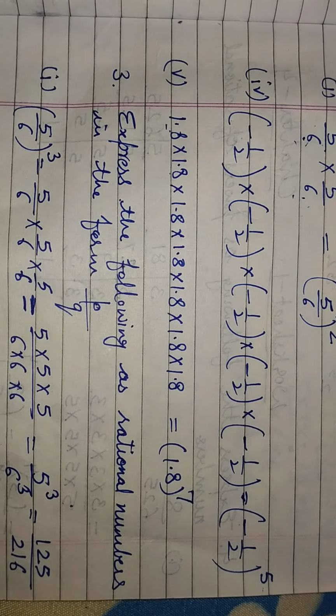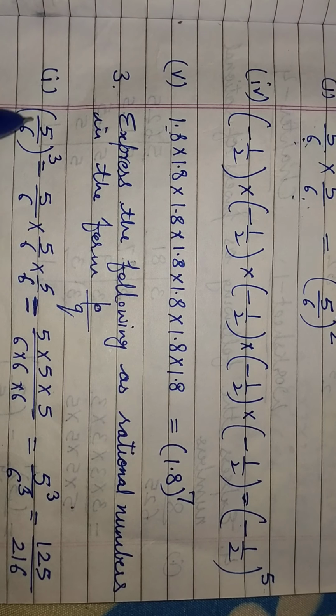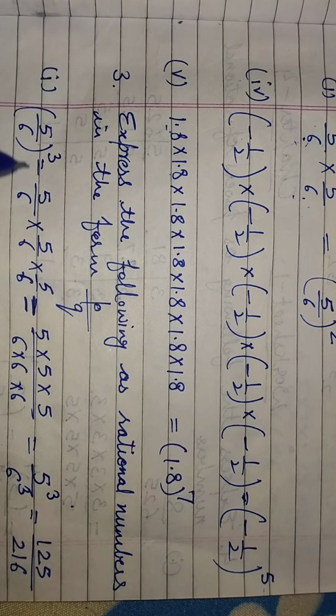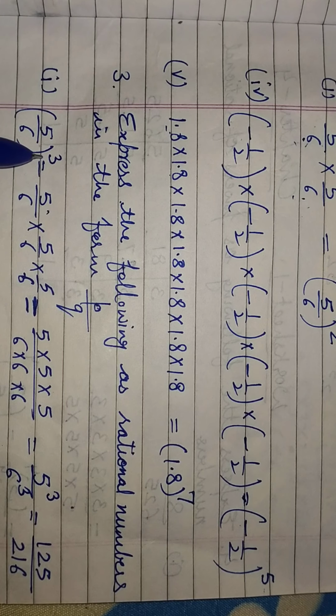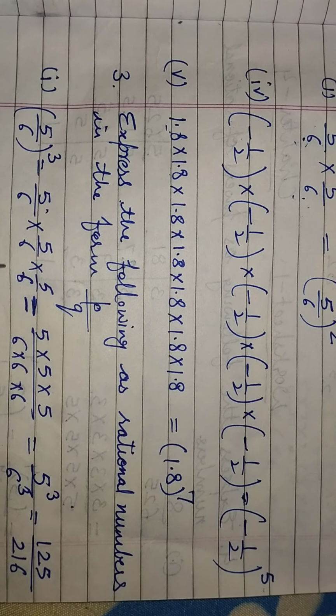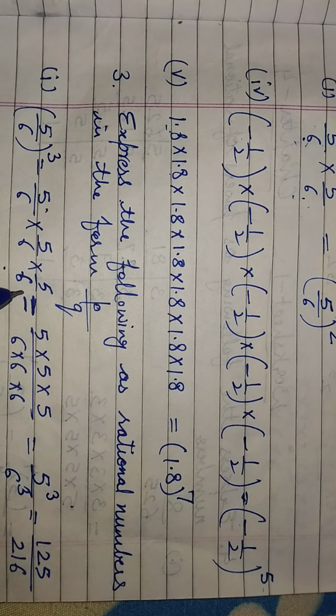Now question number 3: express the following as rational numbers in the form p upon q. 5 upon 6 whole raised to power 3 is given. Firstly, you will write its expanded form. Power exponent 3 means you will write 5 upon 6 3 times: 5 upon 6 into 5 upon 6 into 5 upon 6. We already know these are rational numbers.